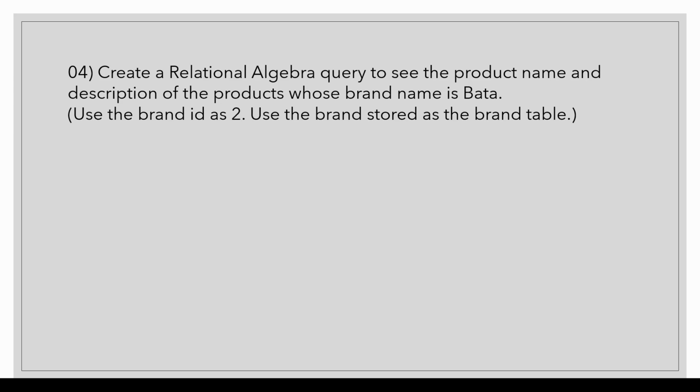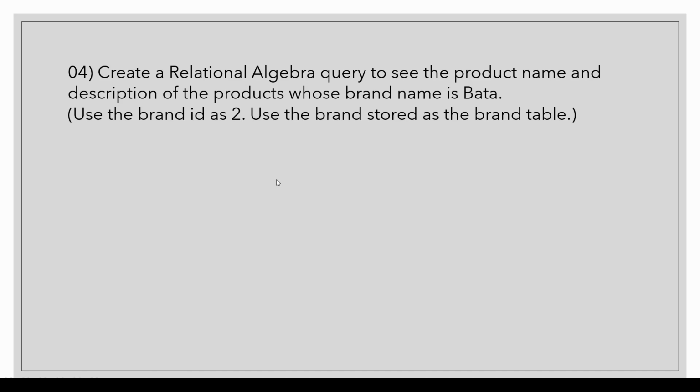Those details are stored in the product table, and we have to mention a condition here. That is, we have to show only the product name and the description of the products where the brand ID is Bata.